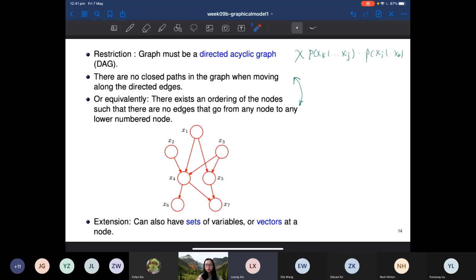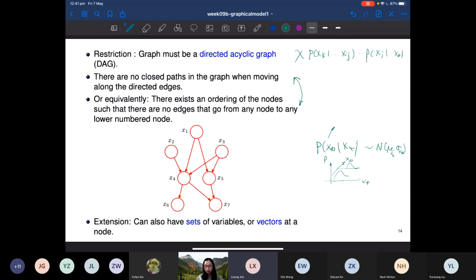I forgot if I said so, but for example, if some of these nodes are continuous, let's say P of x6 given x4, if this thing is conditional Gaussian, right, mu and sigma, with mu parameterized by x4, then essentially we have multiple slices, like the distribution will be different depending on what x4 is, and this is the probability, right, of either the joint or the conditional.